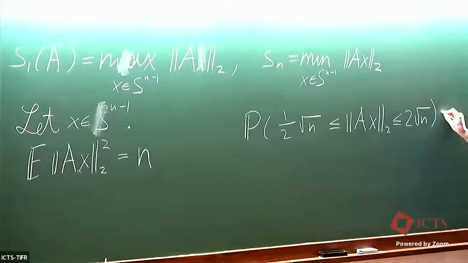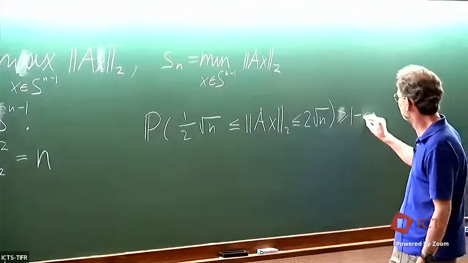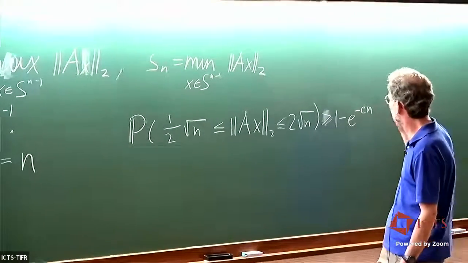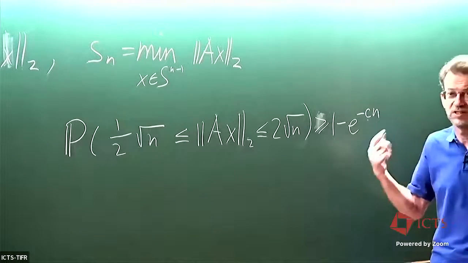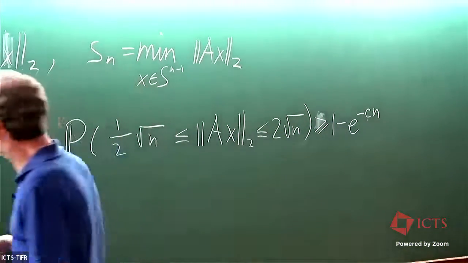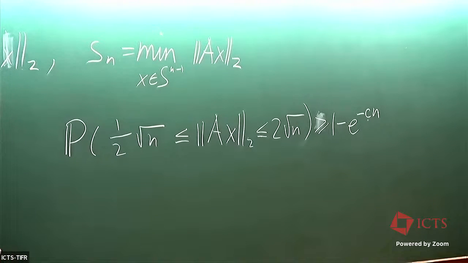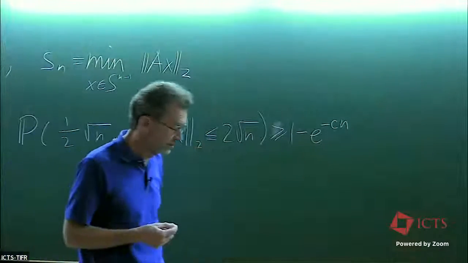Actually, it is at least 1 minus e to the negative cn. In this lecture series, I will denote by c small, C capital, etc., the absolute constants. Okay, so this is what we know for one vector.